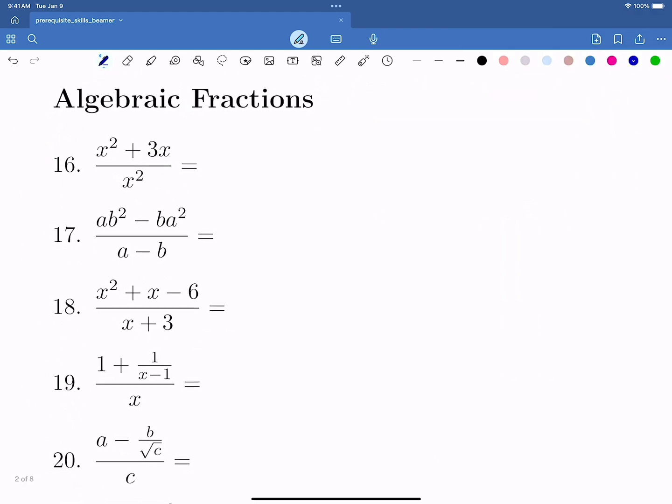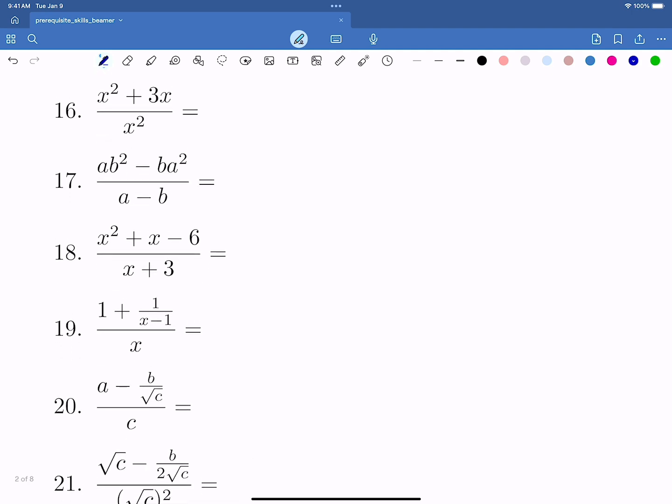Okay, next we are simplifying algebraic fractions. These are fractions that have variables in them. So for the first one here, we're going to factor out what the terms in the numerator have in common. X times x plus 3 over x squared. And now there is a common factor that we can remove.